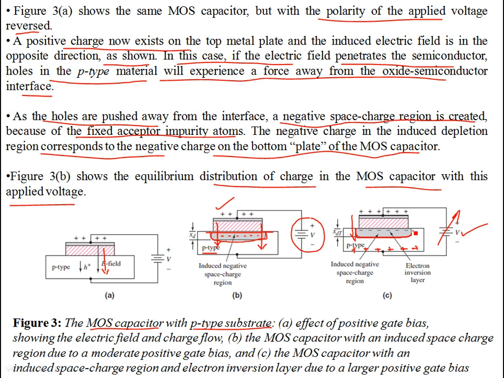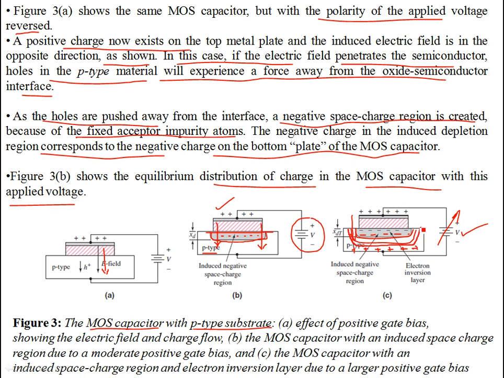The width of this depletion region, or the number of negatively charged carriers in this region, all depends on the magnitude of the voltage. If you increase this voltage V, this region is going to increase, so this width x dt is going to increase.